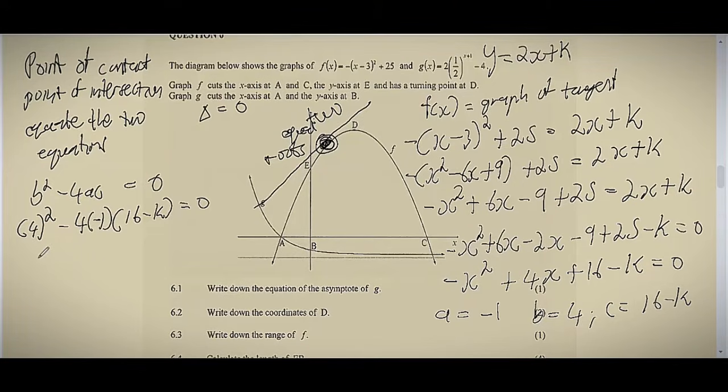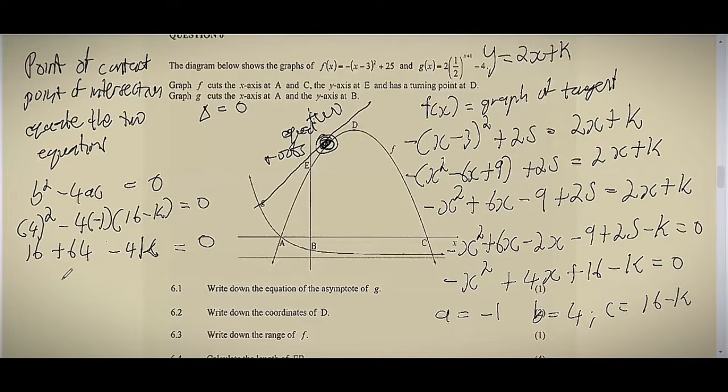Then this will give us 16, and then plus 64 from multiplying negative 4 times negative 1 times 16. And then this will give us minus 4k, then equals 0, right?